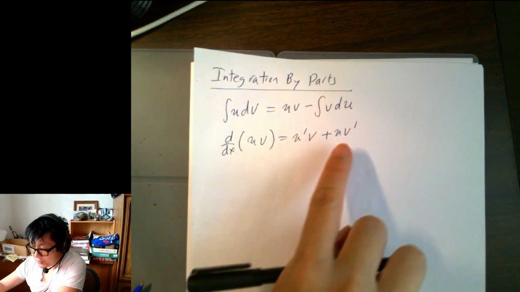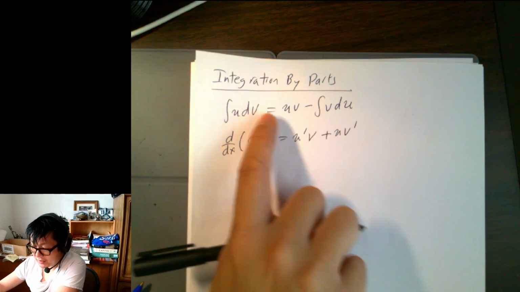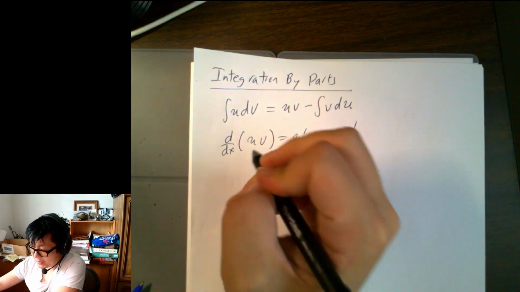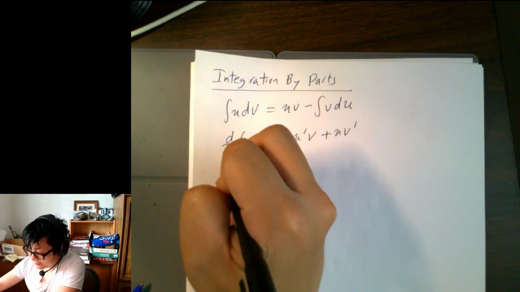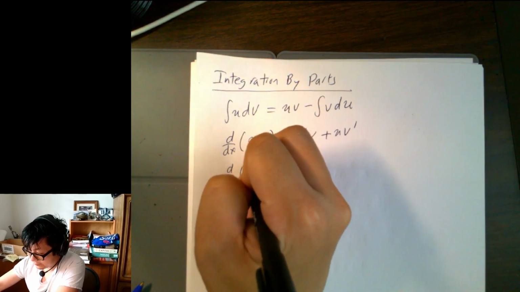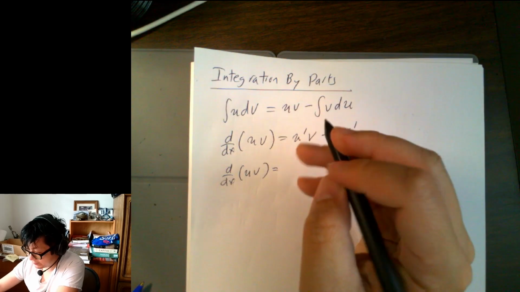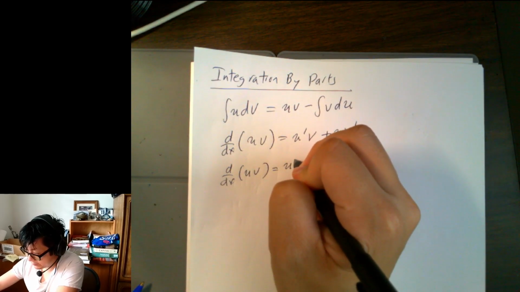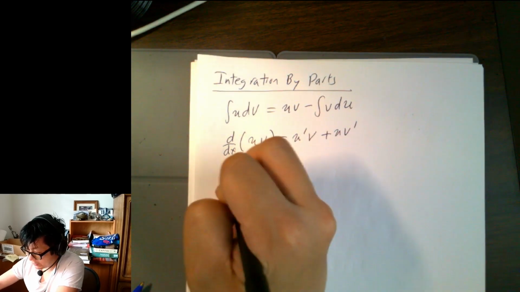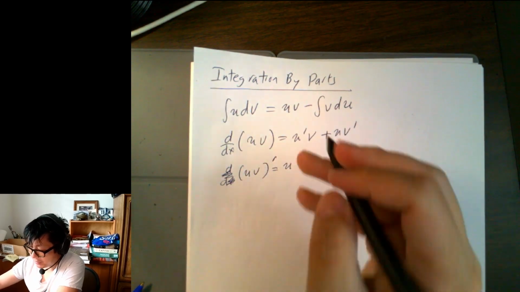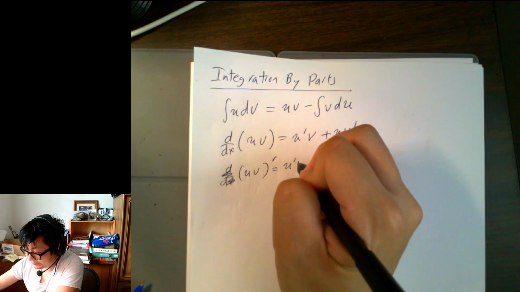So I'm going to solve for this one, because that's basically this, and move everything else to the other side. And I'll actually rewrite it like that. Same thing, just a different notation.